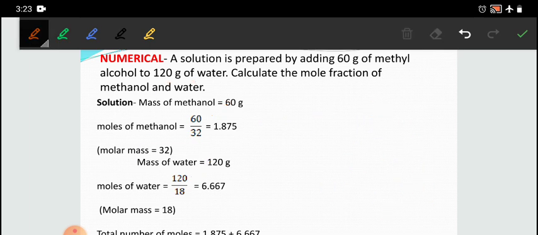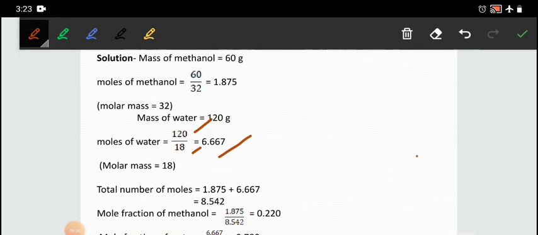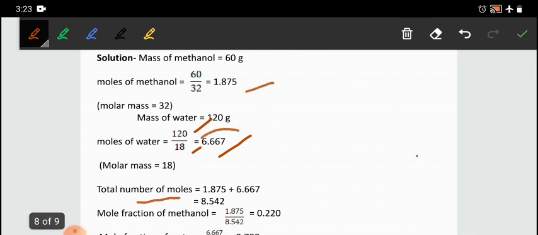The moles will be given mass divided by molar mass, and you will get 6.667, near about this. Now to calculate the total moles, it will be 1.875 plus 6.667, and I will get 8.542.